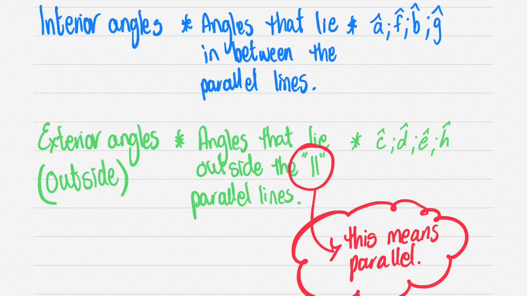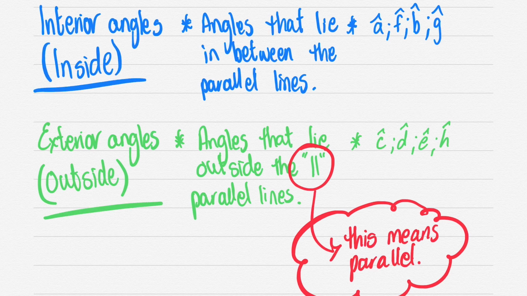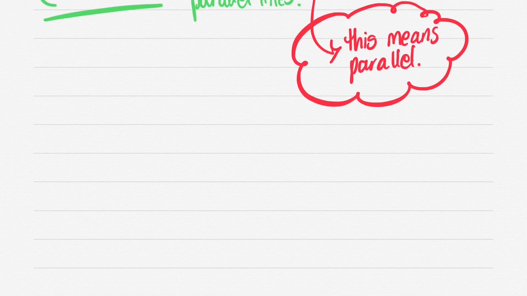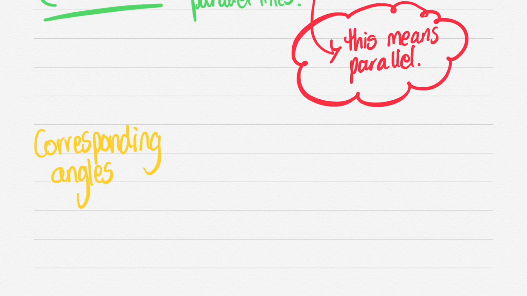So exterior angles, as the word exterior means, outside, means all angles on the outside of a pair of parallel lines. Interior angles are all angles that are on the inside of parallel lines. Nice and simple. So let's move forward. Now in yellow, we will do the first of our rules. We'll do corresponding angles.